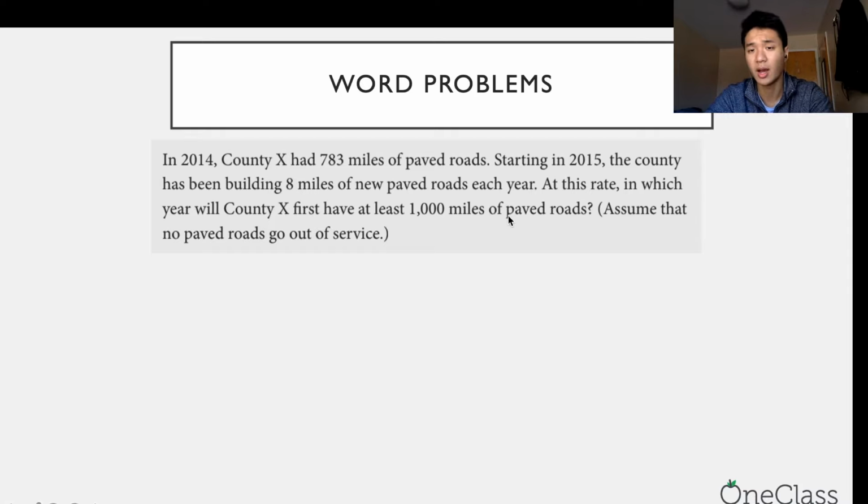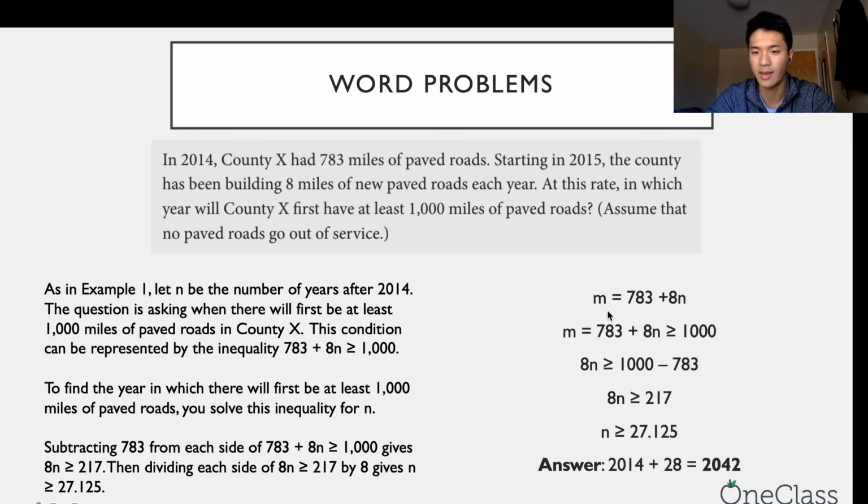Hopefully your inclination is to say, okay, we just have to plug in 1,000 miles for m, because we're looking to solve for n, which is the year in which this county is going to have at least 1,000 miles. So we can put that in, and that's going to be an inequality, right? 783 plus 8n is greater than or equal to 1,000.